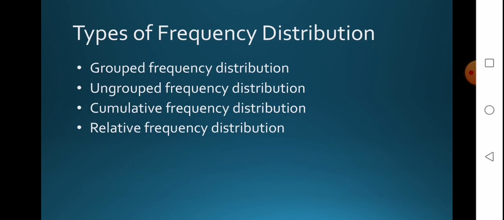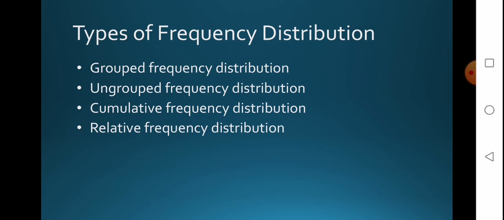Okay. So we have the types of frequency distribution. First, grouped frequency distribution. A grouped frequency distribution is an arrangement of class intervals and corresponding frequencies in a table.